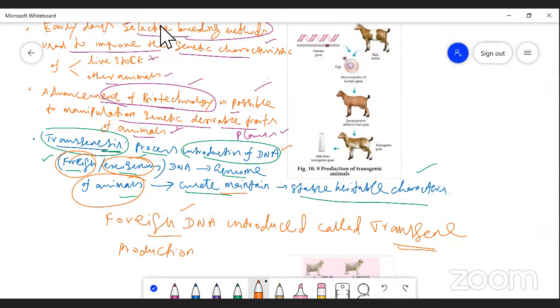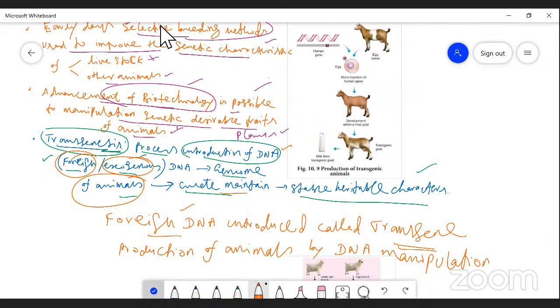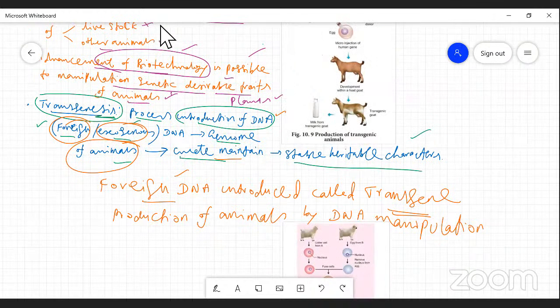Animals are produced. Production of animals by DNA manipulation, that is called transgenesis.